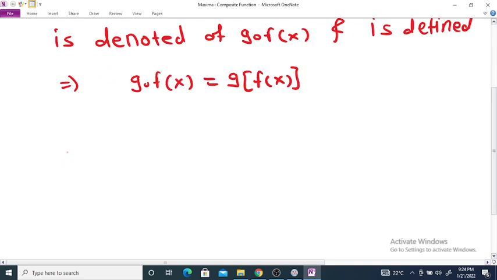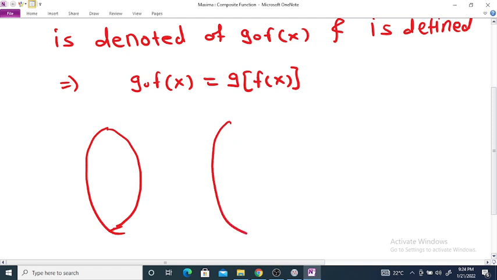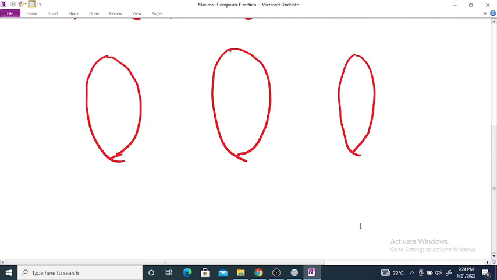So geometrically we can suppose this is a set A, this is set B, and say this is set C. Here is an element x, then its image under the function f is f of x.